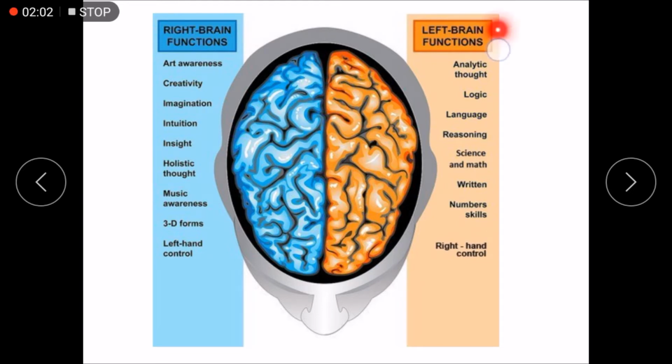So you see here, the left brain will control the right hand, means the right part. The right brain will control the left hand. Okay, so that is the most important that you must know. The rest, if you want to memorize, no problem, but it will not come out in the exam. It's just for your knowledge.